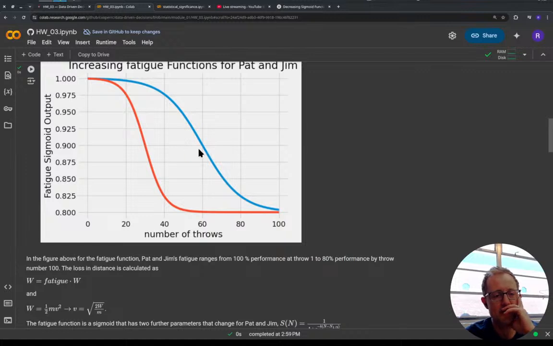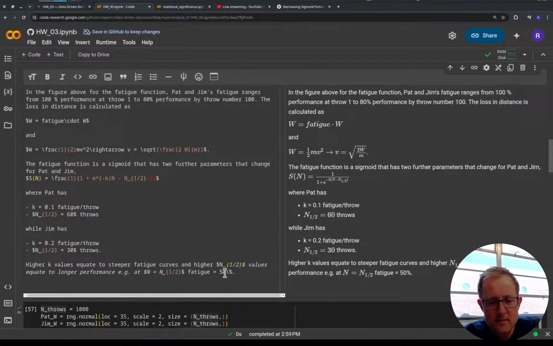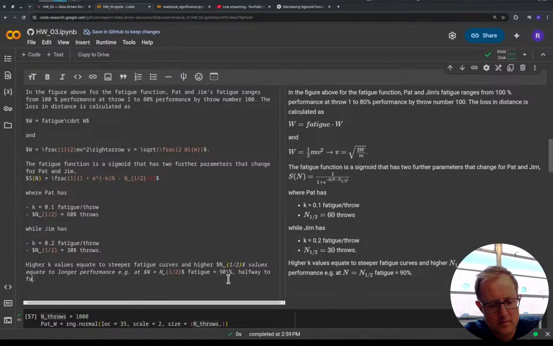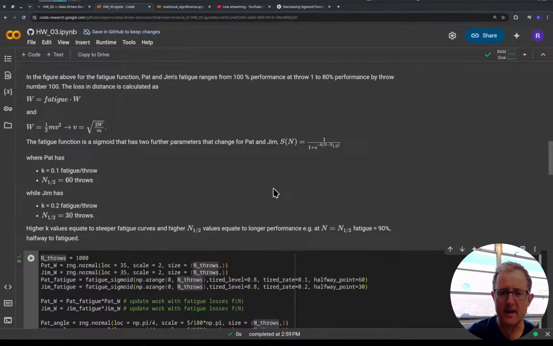Oh, whoops. So I said 50%, but really it's 50% of the way, so it equals 90%. Halfway to fatigued. I'm glad I was reviewing that. Halfway between 100 and 80. That's what my n1/2 is showing.